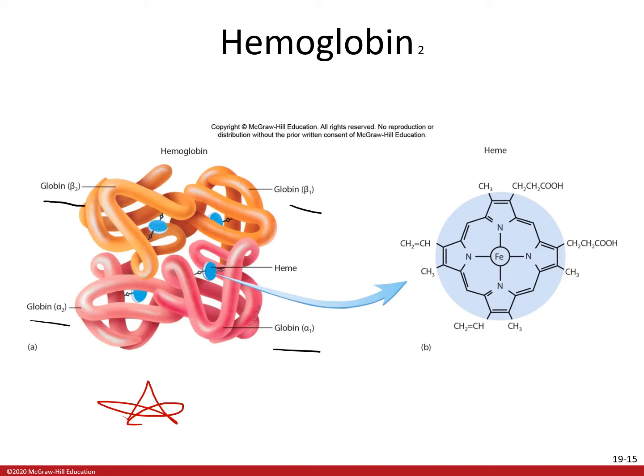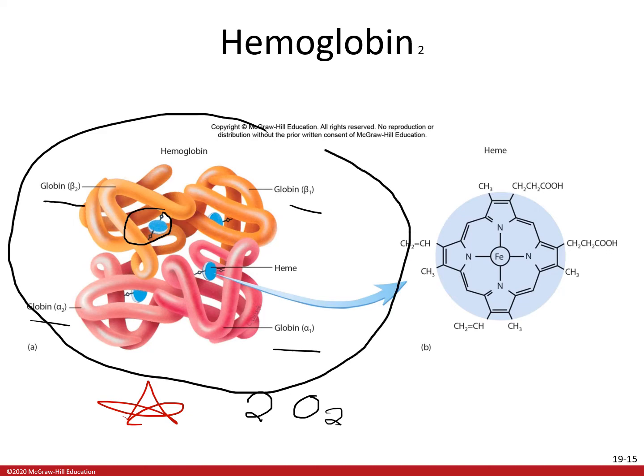Within each of those globin chains, we have a heme group, so that heme group's going to be right there in the middle. The heme is going to have an iron attached to the middle of it, and for each of those little iron molecules, you can hold 2 oxygen.